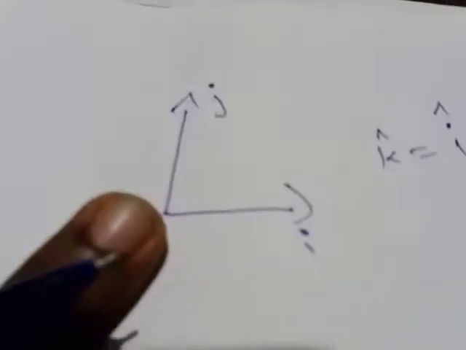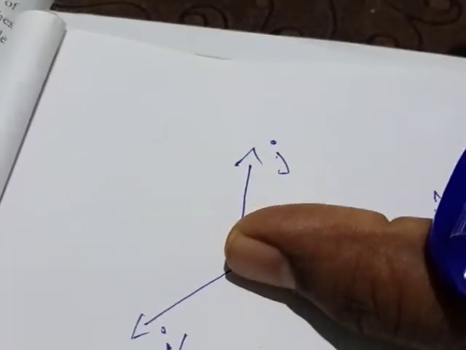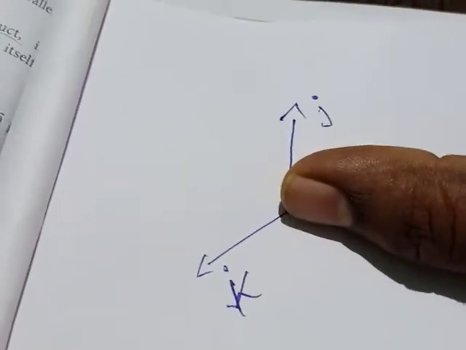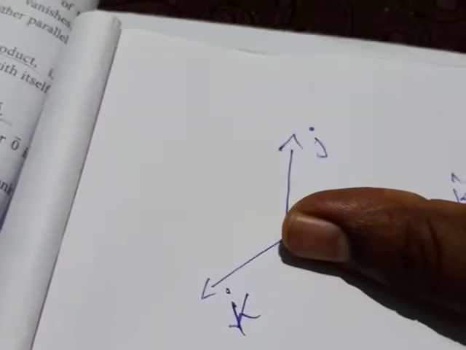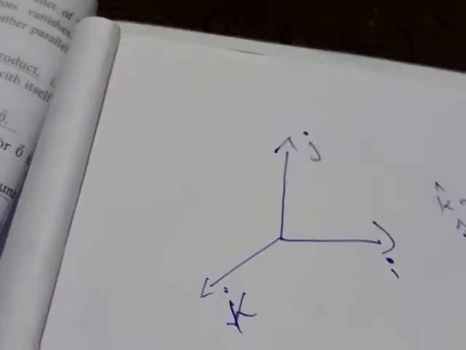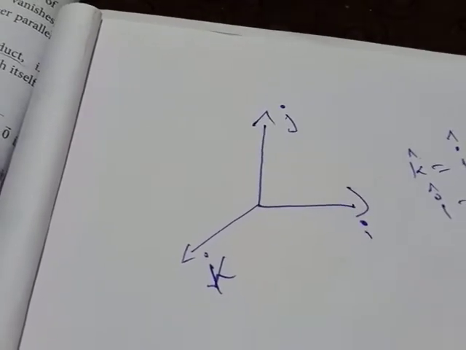If you are closing on another two, if you are closing I, then I unit vector is equal to J unit vector cross K unit vector.